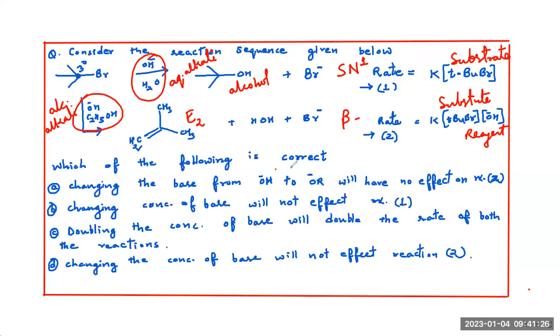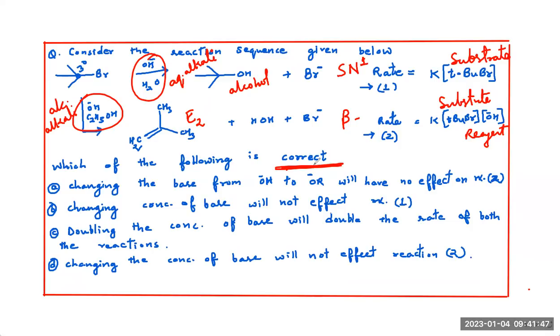Now I want to find which of the following is correct. So let us read them. Changing the base from OH minus to OR minus will have no effect on reaction 2. Why not?